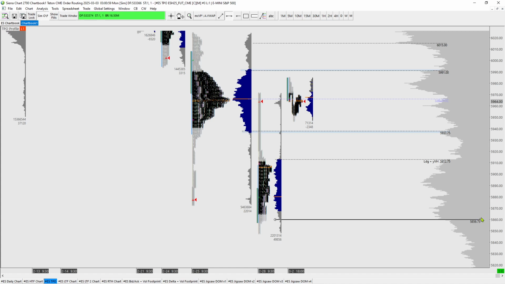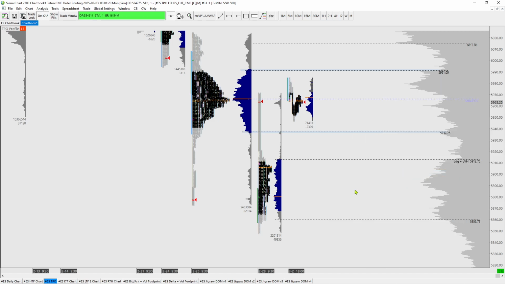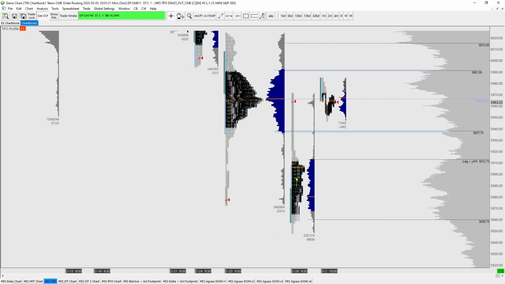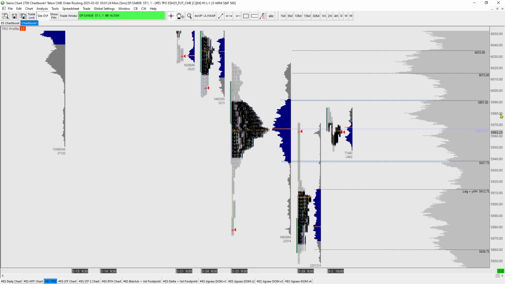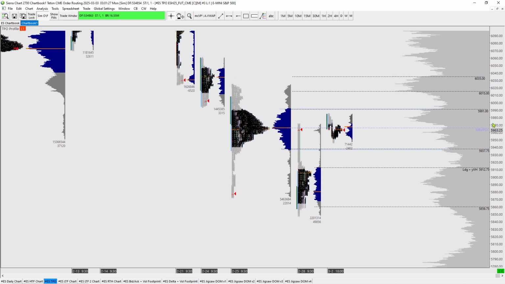And yeah, these aren't going far enough, are they? Okay, I'll have to mess around with those in a bit. But yeah, these look good enough for now.